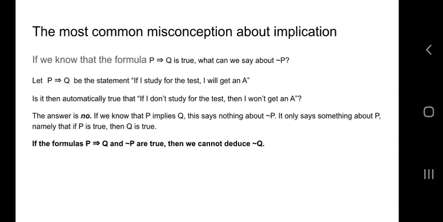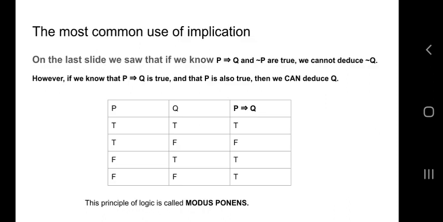But first, before we confirm that if P implies Q is true and not P is true, we can't say anything about Q or not Q, let's actually see what we can deduce if we know P implies Q is true and that P is true.